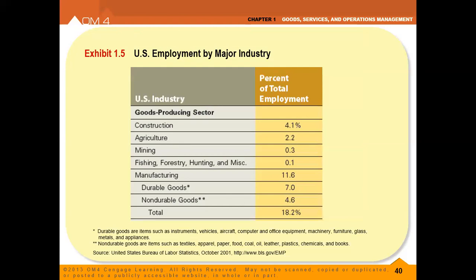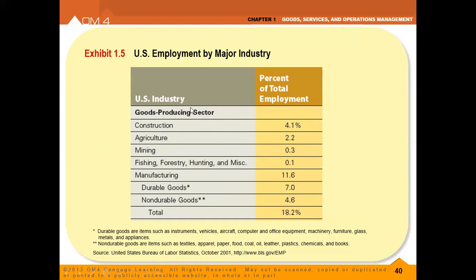Yeah, so the employment by major industry. The physical product producing sectors are construction, agriculture, mining, fishing, forestry, hunting, and manufacturing. So we account for 18% of the employment.